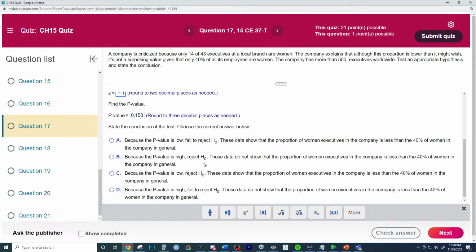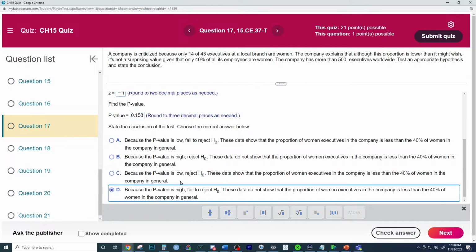State your conclusion. Well, using an alpha of 0.05, is the p-value here high or low? The p-value is high. Because the p-value is high, we fail to reject the null.